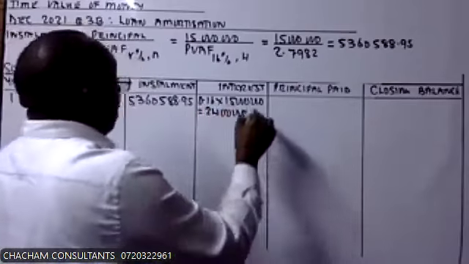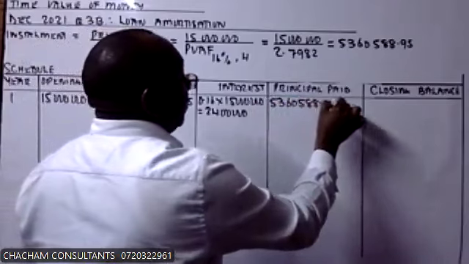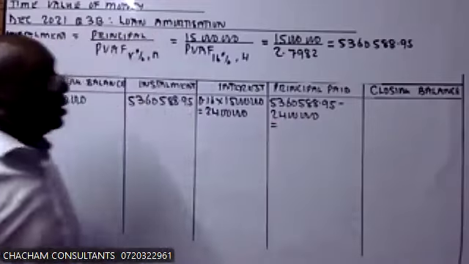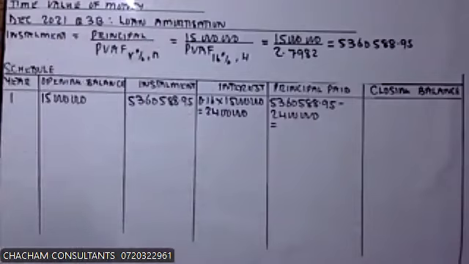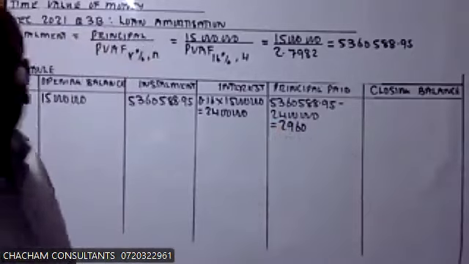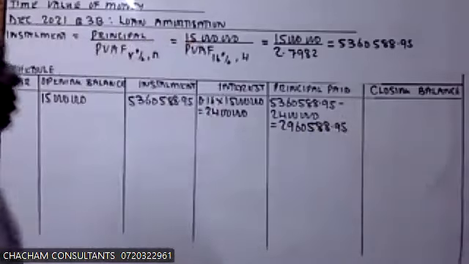The principal paid is 5,360,588.95 minus 2,400,000, which is 2,960,588.95. That's how you get the principal paid.